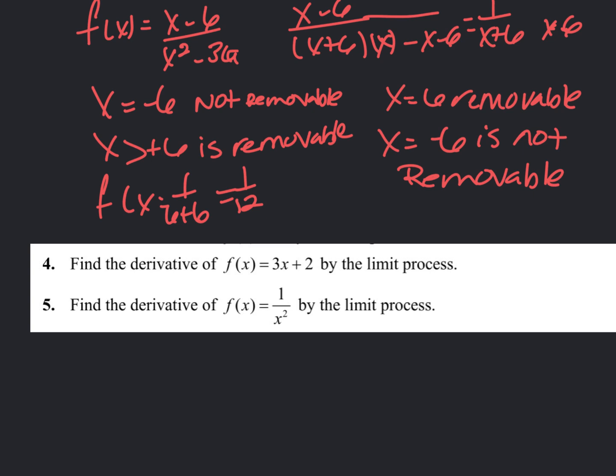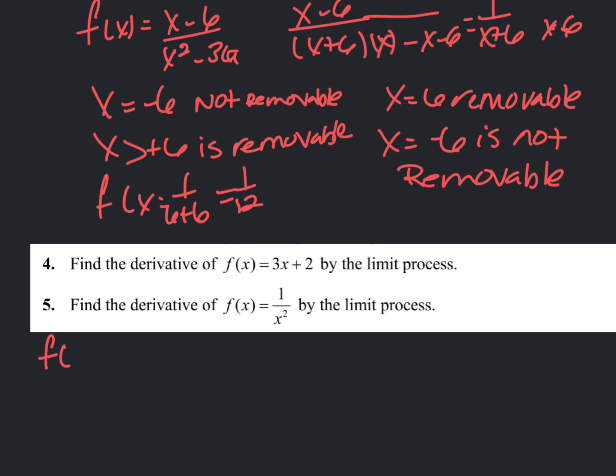So I'll go ahead and start by finding the derivative. Let's delete some of this. Alright, we're finding the derivative of f of x equals 3x plus 2 by the limit process.